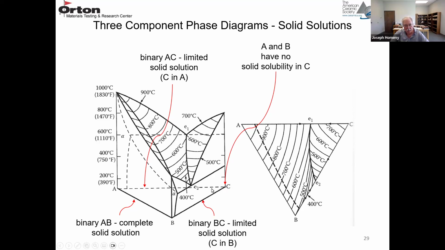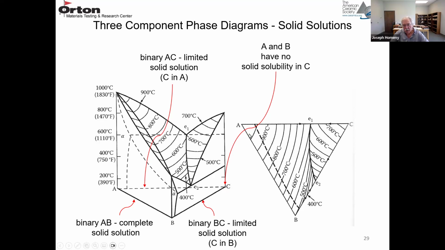So only a little bit of C dissolves in B here. So in this binary phase diagram, BC, you see the solid solution area right here. It's just a limited amount of C dissolving in B. And then this binary AC, this is the solid solution area. It's limited. So there's a little bit of C dissolving in A in this region right here.